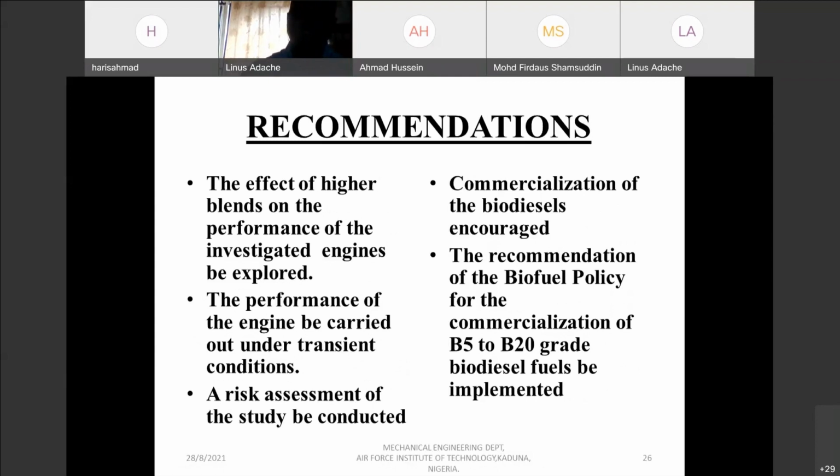The commercialization of the biodiesel should be encouraged. B5 to B20 is recommended for the biodiesel policy for commercialization. B5 to B20 grade biodiesel will be implemented.